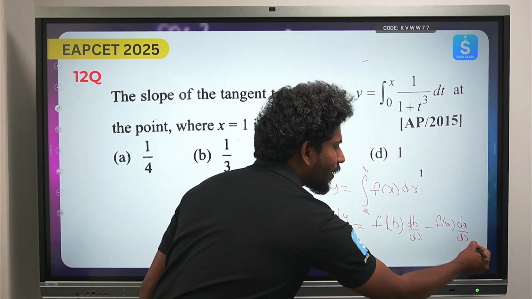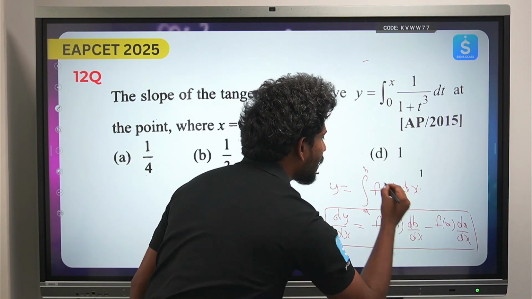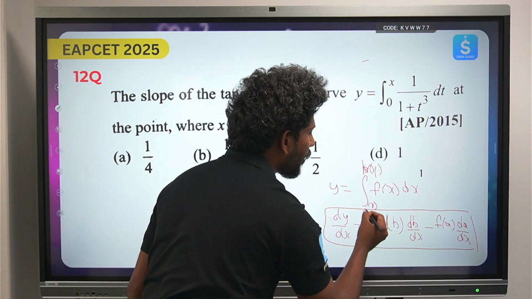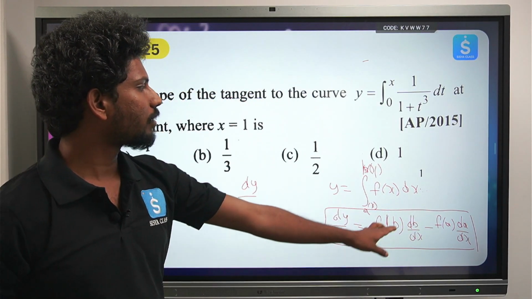So these are not necessarily constants, you can take them as b of x, a of x. This is how the Leibniz rule works.